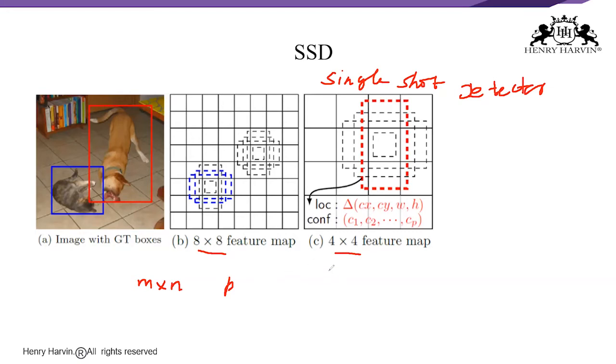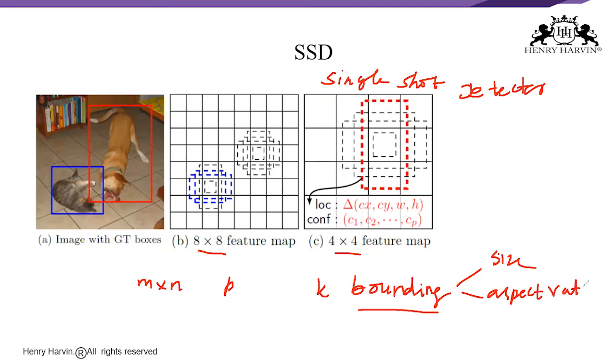For each location, we will be getting k bounding boxes. These bounding boxes can have different sizes and aspect ratios.